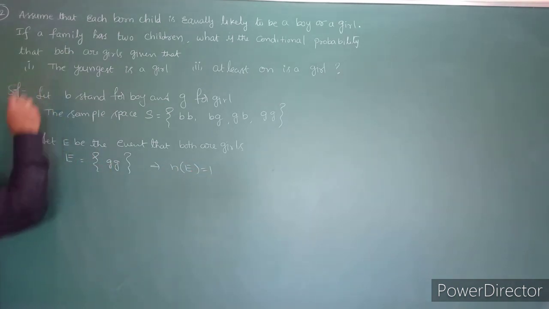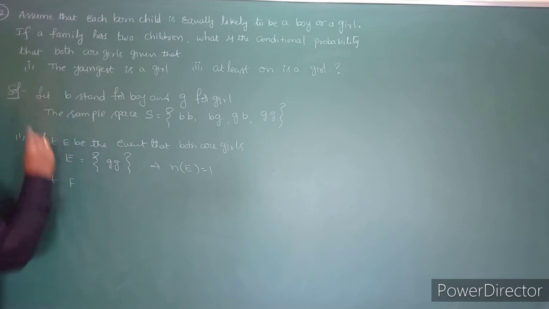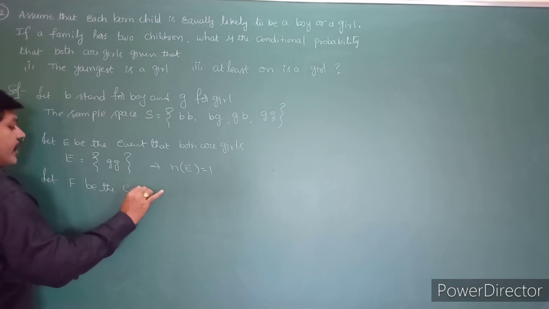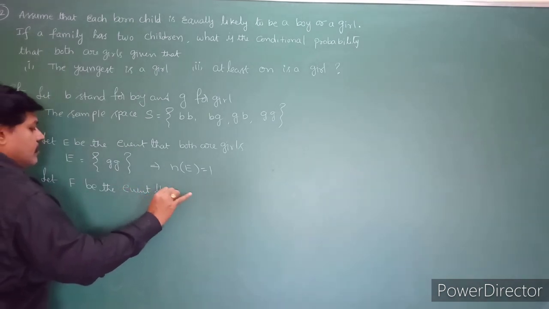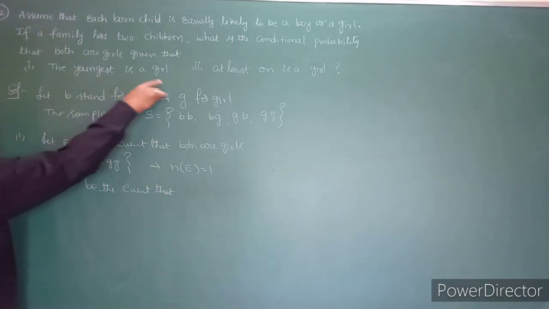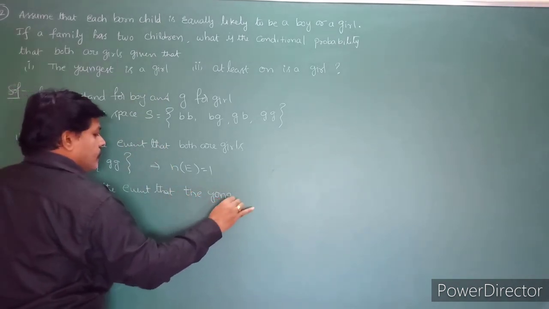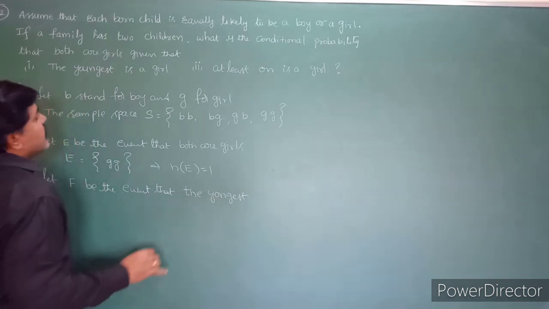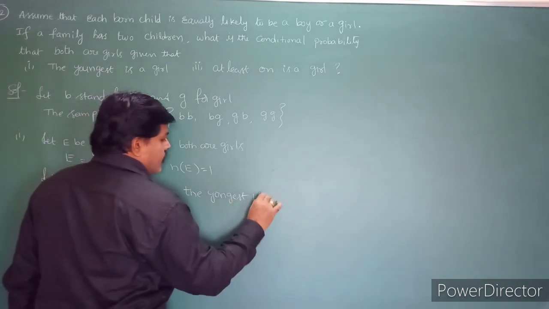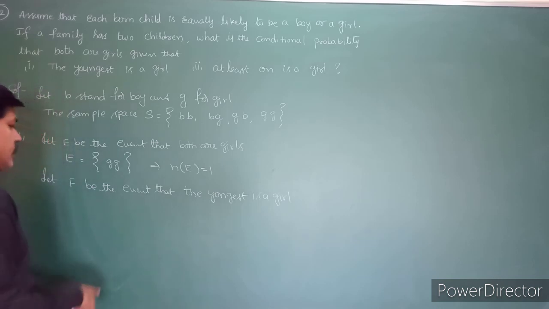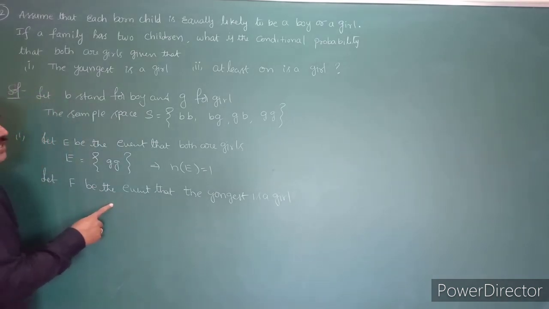Next, let F be the event that the youngest is a girl. Where is that case here, students?